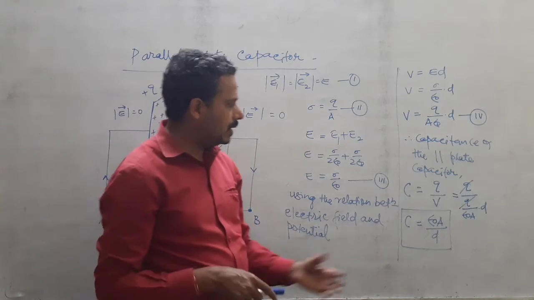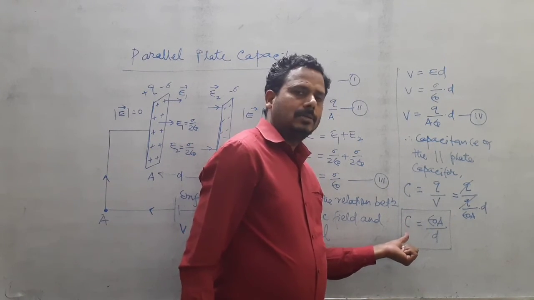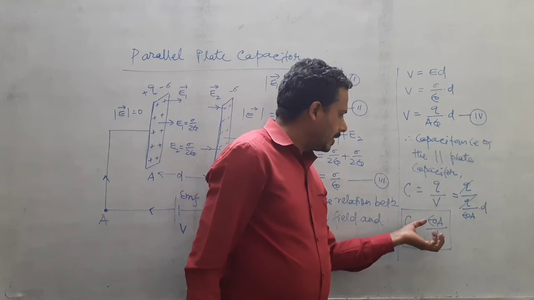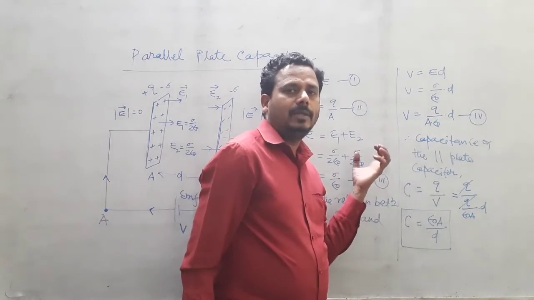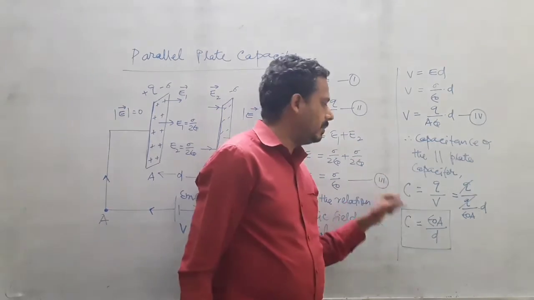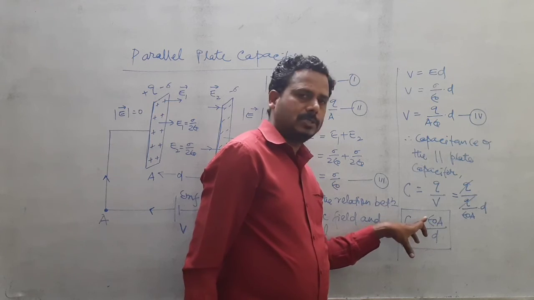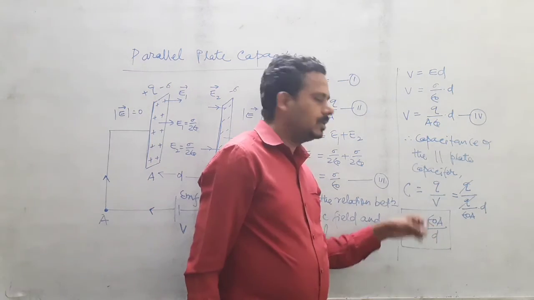Now from here, what we are seeing is that this capacitance depends only on the configuration of the capacitor. Why configuration? Because this epsilon naught, the permittivity, is constant. D is the separation, that may be anything.